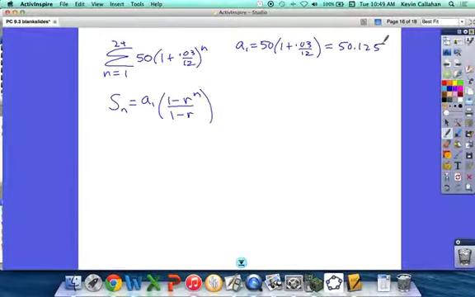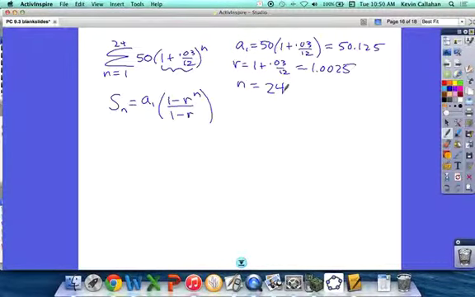Okay, I need to know the R. What is the R? It's this right here, right? R equals 1 plus 0.03 over 12, which is 1.0025, and I need to know the n. n equals 24.